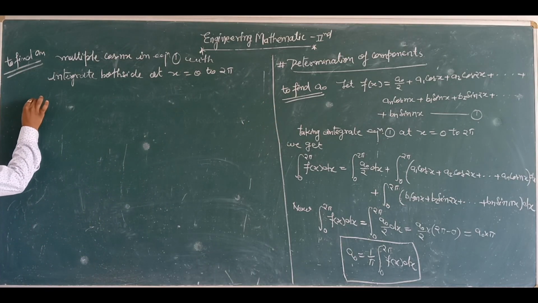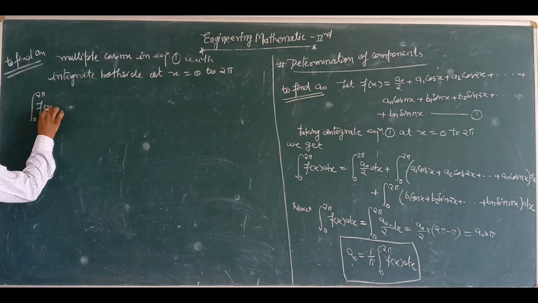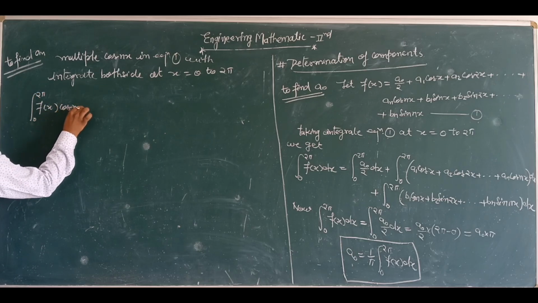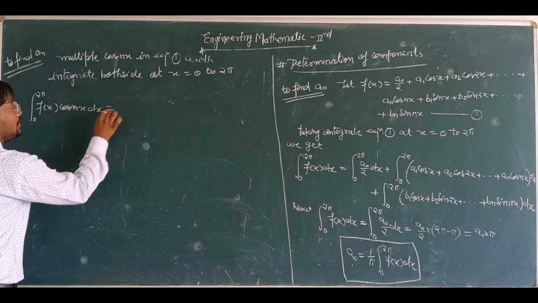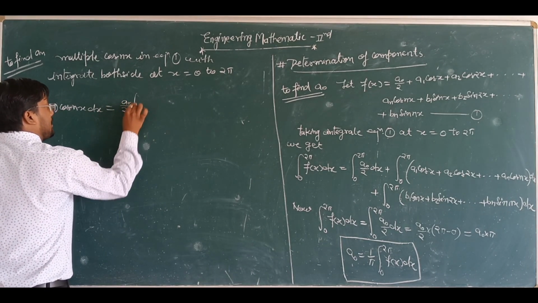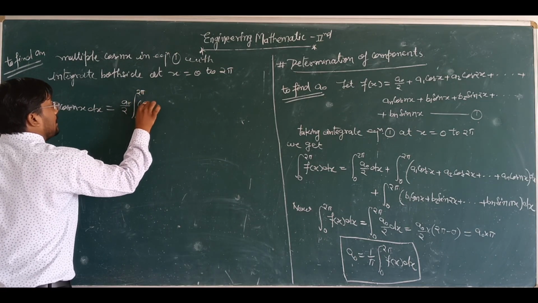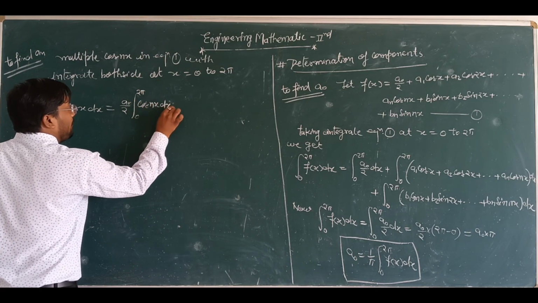Now you can write integration 0 to 2 pi f(x) cos nx dx is equal to a naught by 2 integration 0 to 2 pi cos nx dx.